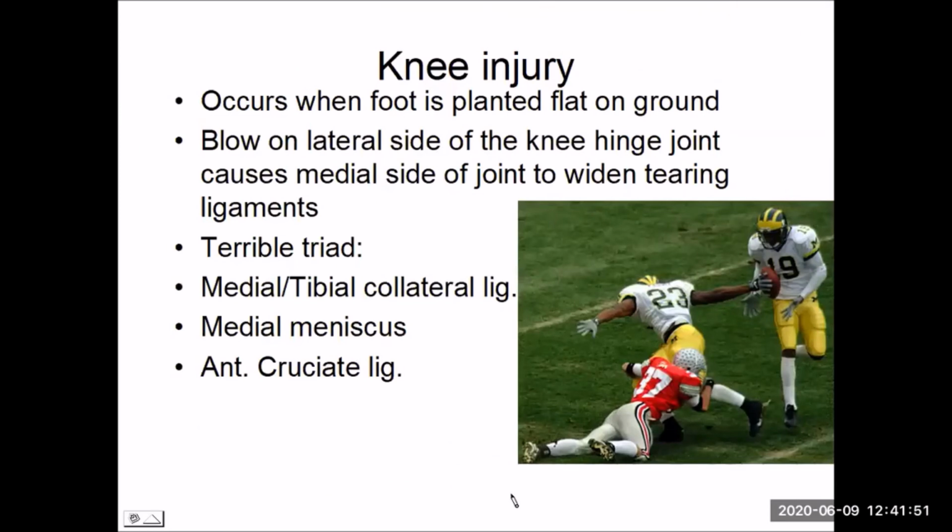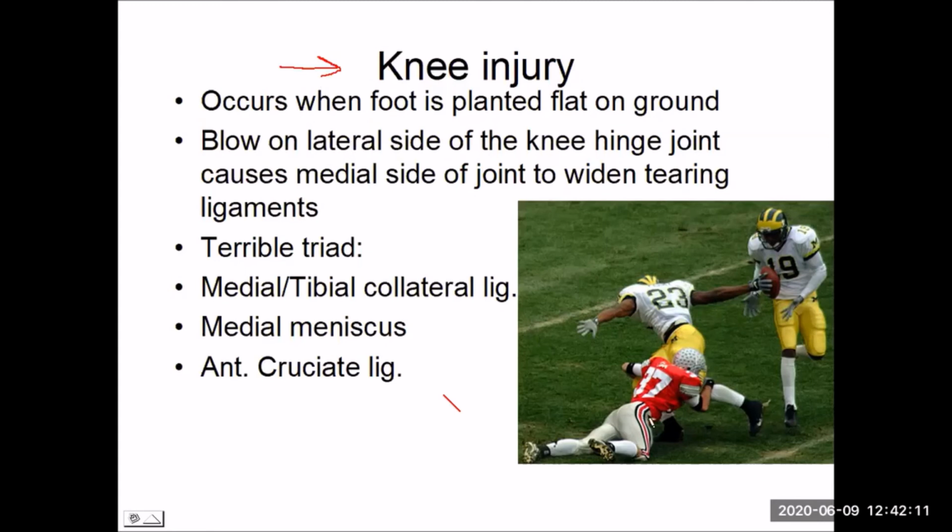So now related to this section, the knee is a portion of the lower extremity, and we'll take a look at a common type of sports knee injury, and we'll discuss the ligaments involved, and we'll see these structures in the upcoming lab as well.